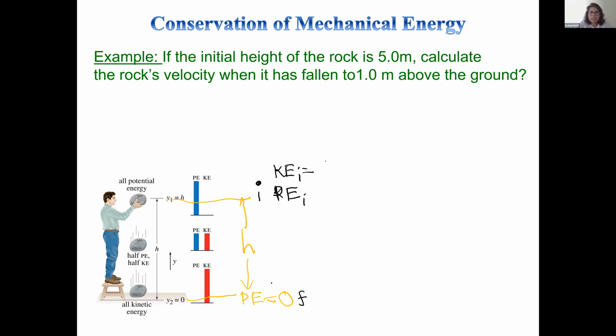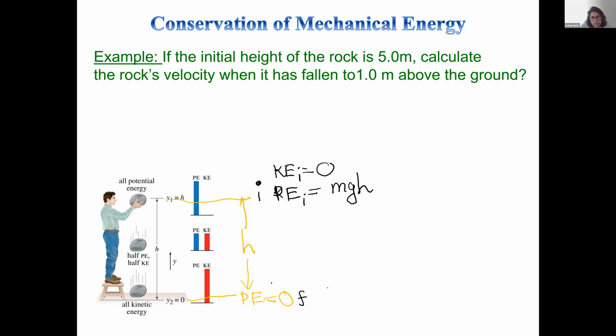So what will the initial kinetic energy be? It is half times mass times initial velocity squared. But since I'm going to drop the object, there is no initial kinetic energy, right? So the potential energy at this point is the force of gravity times h, that is mgh.